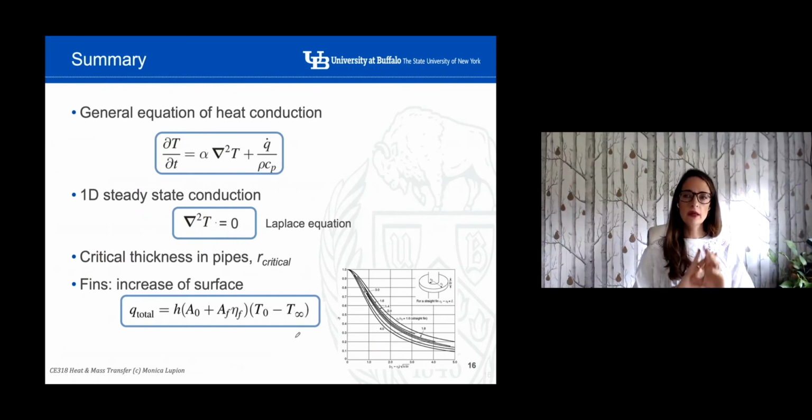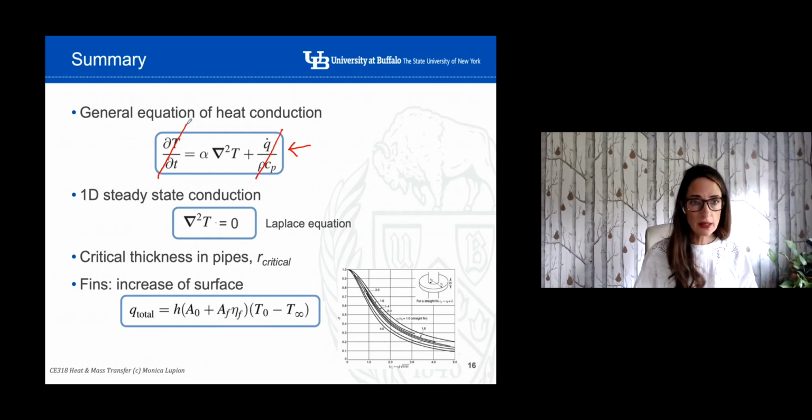Okay, so in summary of this lecture of the one-dimensional steady state conduction, this is the general equation of heat conduction. You need to know how to simplify that, considering the different cases. If we don't have heat generation, this term here is cancelled. If there is no dependence with time, this other term can also be cancelled. And then from there, we went over the different simplifications, and one of the cases, one dimension steady state conduction, is the Laplace equation.